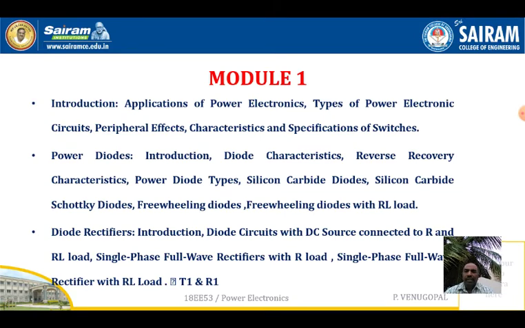Next topic in module 1 is power diodes. Introduction about the power diode, diode characteristics, which means forward characteristics and reverse recovery characteristics. Power diode types: silicon carbide diodes, silicon carbide Schottky diodes, freewheeling diodes, and freewheeling diodes with the RL load.